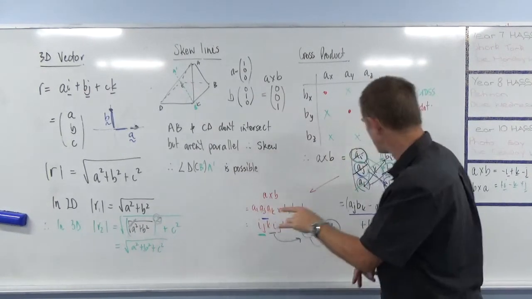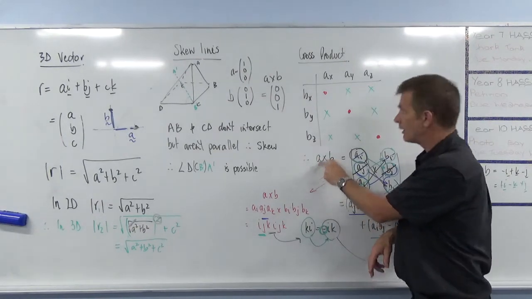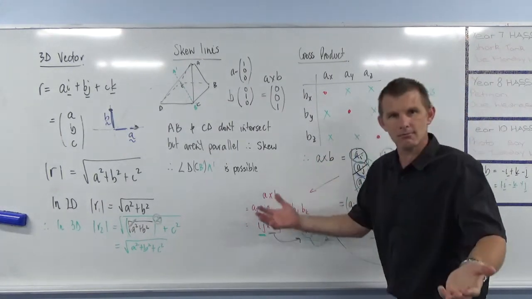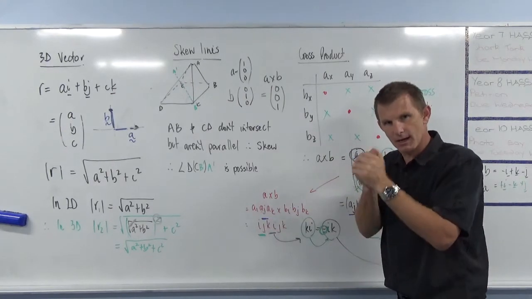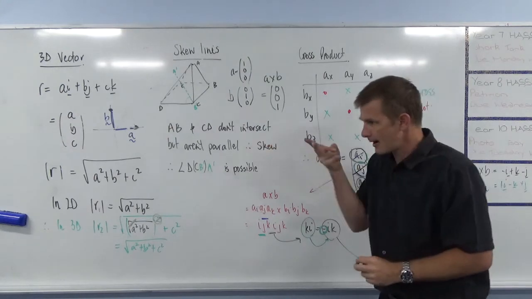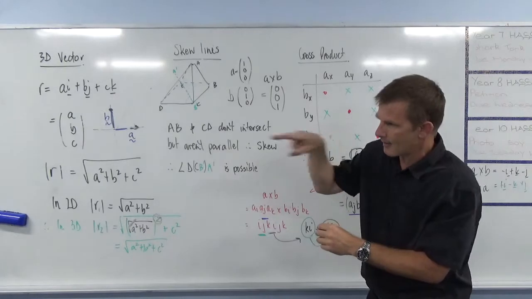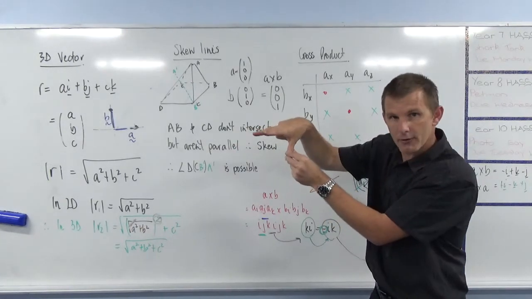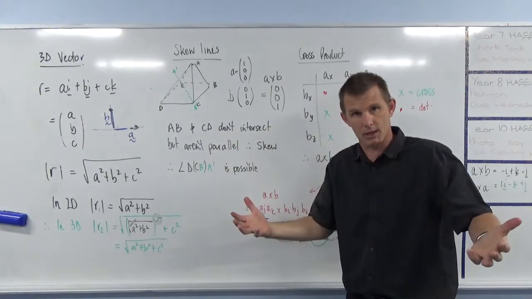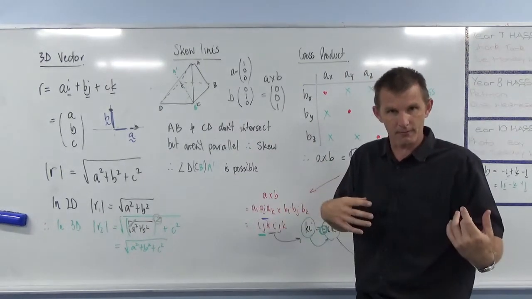So that would tell you that the order of these is actually important. In a dot product, it doesn't matter because you're getting a scalar product. But because this is a vector product, if you go A and then B, your normal's up here. If you do the opposite, B and then A, your normal is the other direction. Now numerically it's going to be the same, right? Numerically the same, but the direction is going to be different, all right?